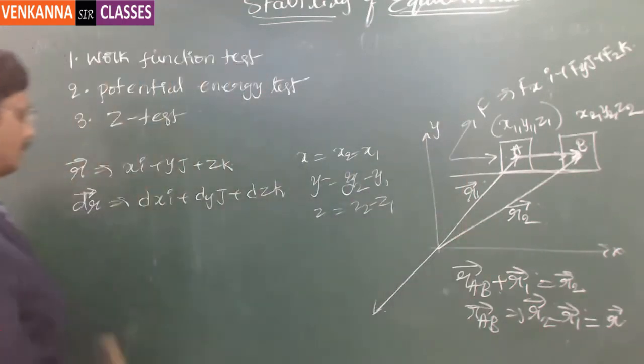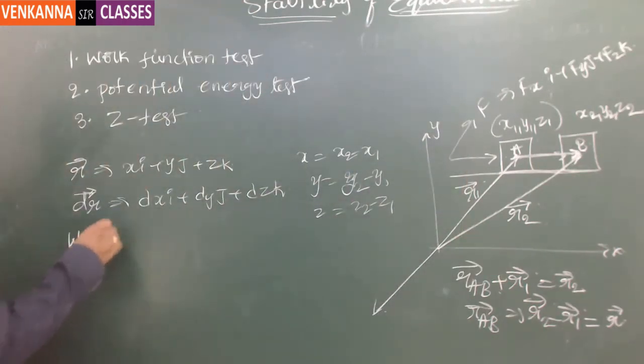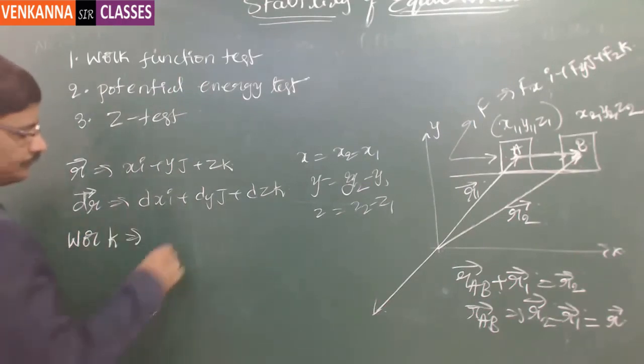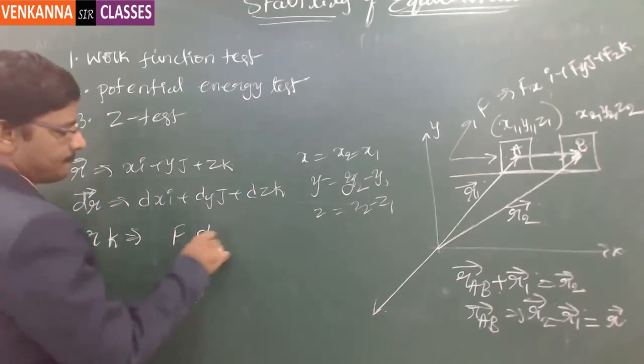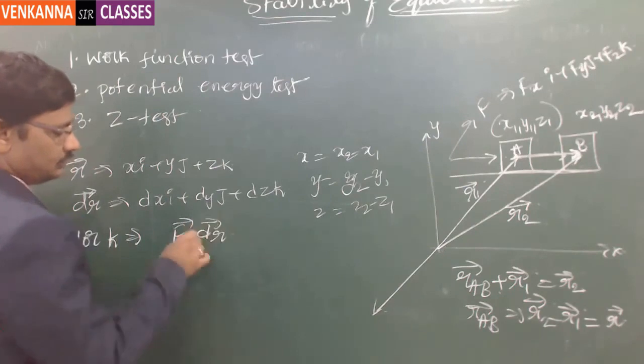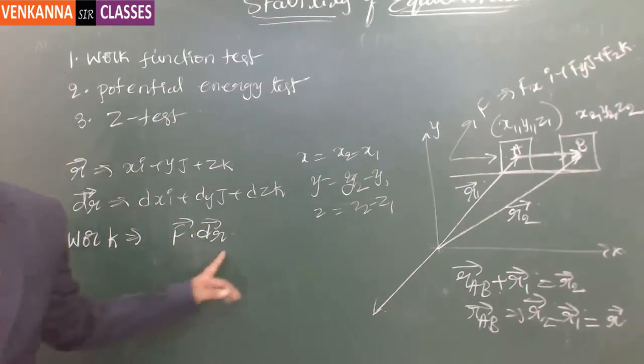So work is equal to force multiplied by the dr vector, which is a dot product between these two vectors.